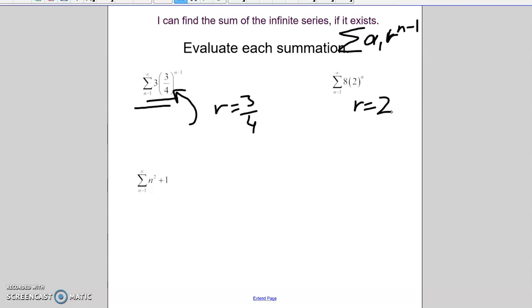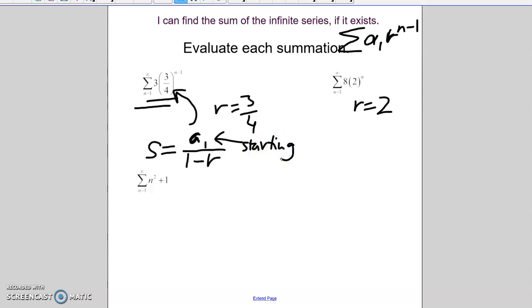Then the other thing is, the formula for an infinite geometric series is a sub 1 over 1 minus r. Now your a sub 1 is your starting term. That's going to be your first term.